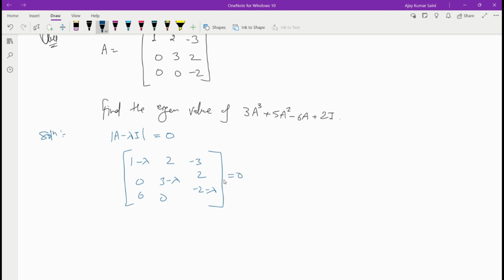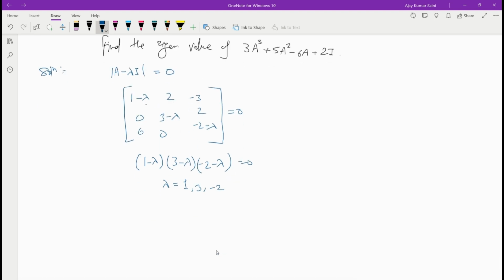So it is equal to 0. From here I can find the values: 1 minus lambda, 3 minus lambda, and minus 2 minus lambda is equal to 0. So I can directly find that lambda is equal to 1, 3 and minus 2. These three values are coming from this.